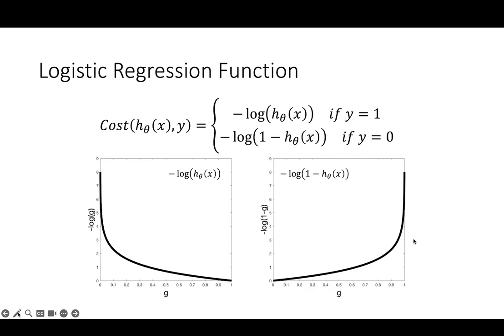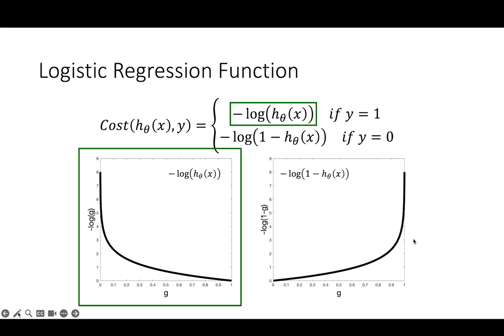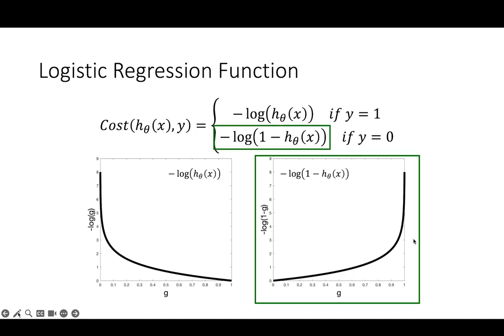Now, if we do that, or if you want this type of cost function, we can actually write the cost function as this. Negative logarithm of the hypothesis if y is equal to 1, and negative log 1 minus the hypothesis if y is equal to 0. Now ito, this negative log of the hypothesis has this shape. And this cost function ito, negative log 1 minus h theta, has this shape.